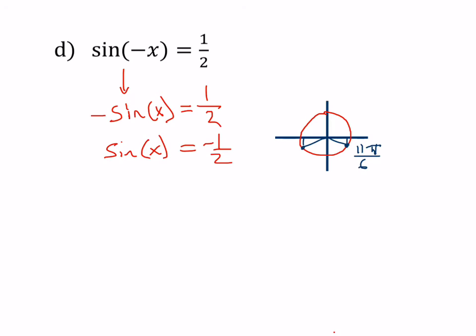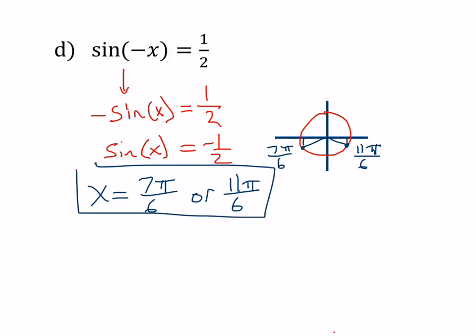And this is 1 pi plus a 6, so this is 7/6 pi, or 7 pi over 6. All right, so there's our two answers. x equals 7 pi over 6, or 11 pi over 6. There are the answers between 0 and 2 pi.